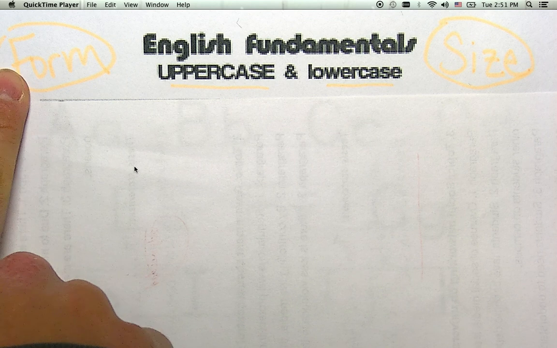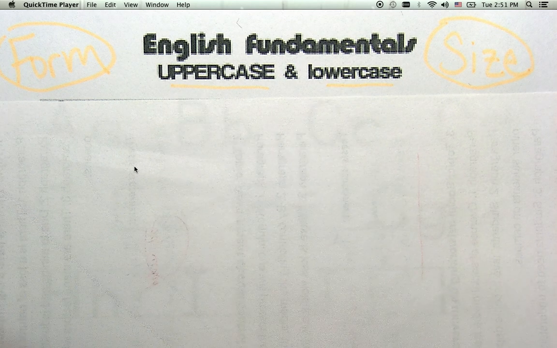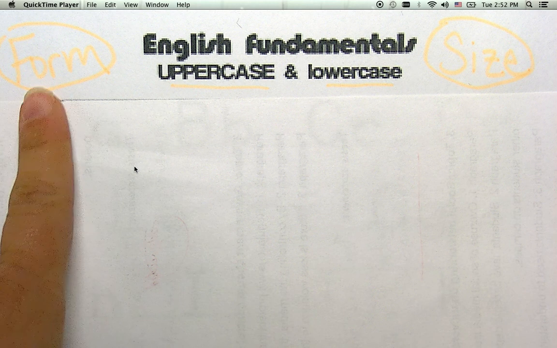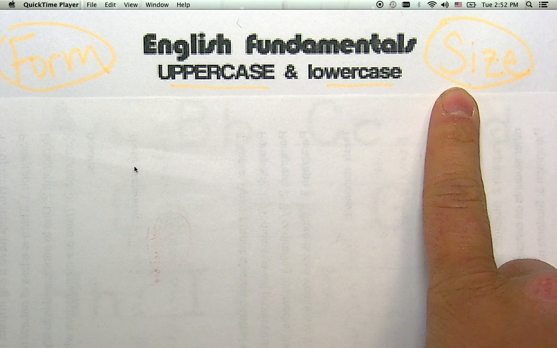So when you are making lowercase or small letters and uppercase or large letters, capital letters, you need to change both the shape and the size for most letters. There are a few letters in English that do not change shape, and when they do not change shape, it is extra important to make sure that you change the size.